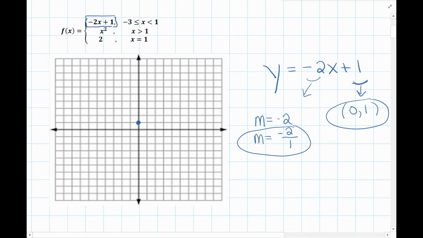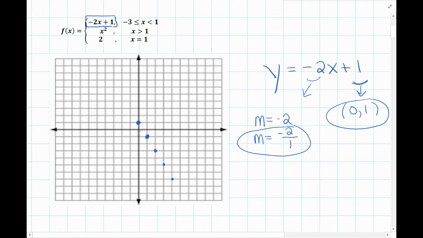Because you know slope is rise over run, -2 means I'm going to go down 2, 1, 2, and then I'm going to run 1 in the positive direction. So here's my second point right here. I go down 2, run 1. Down 2, run 1. Now, I could go backwards as well, right?